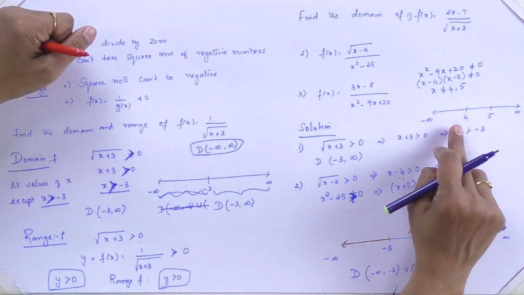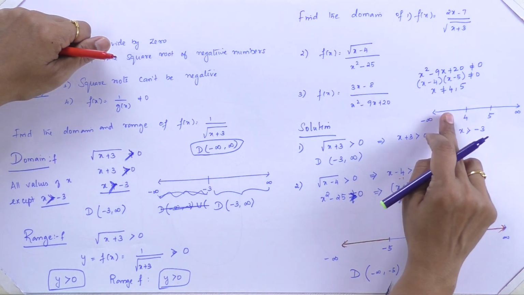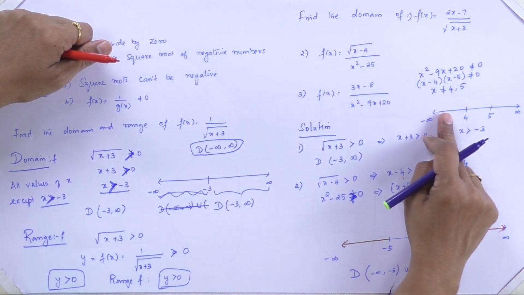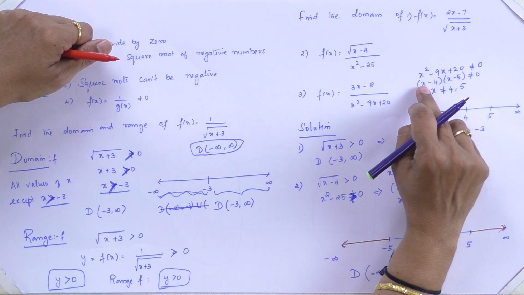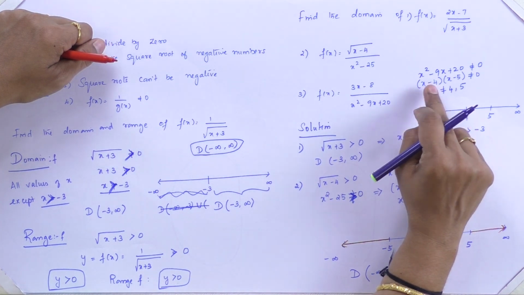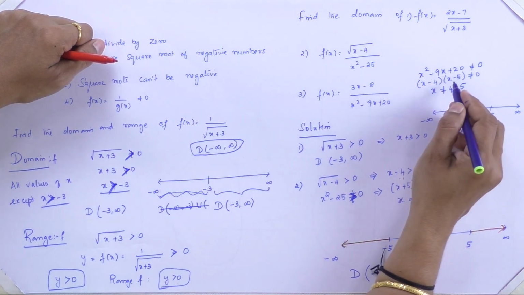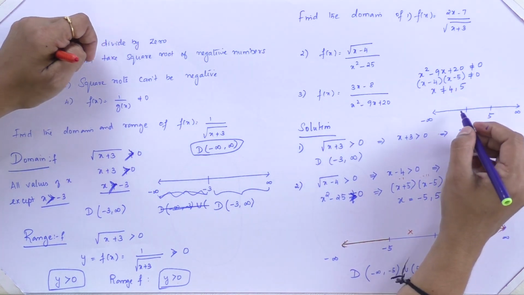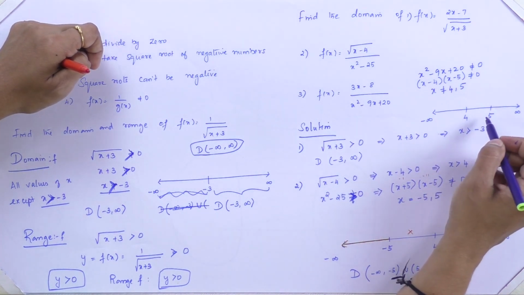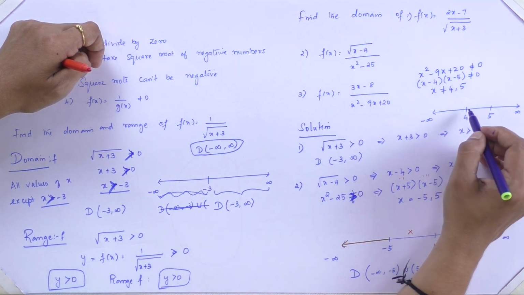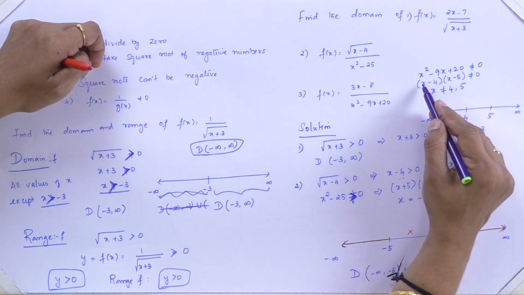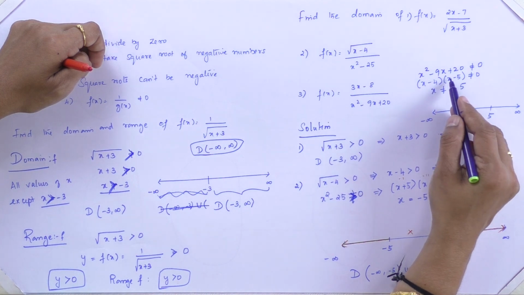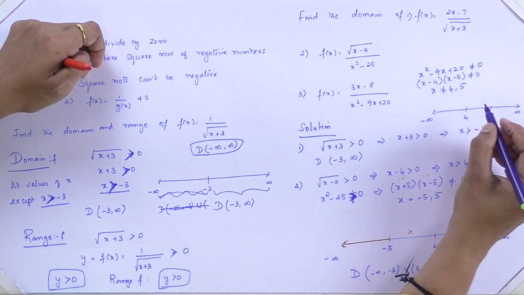Now if I give a value below this, say 3, what happens? 3 minus 4 is minus 1, and 3 minus 5 is minus 2, so it becomes a positive value, fine. And suppose I give a value between 4 and 5, since I cannot take 4 and 5, if I take 4.5, one factor is positive and the other negative, so that range it will not have.